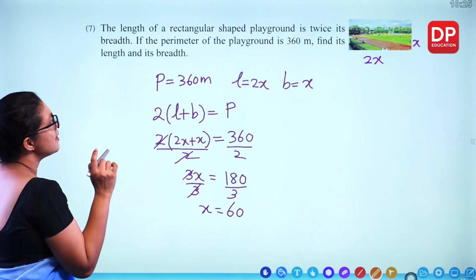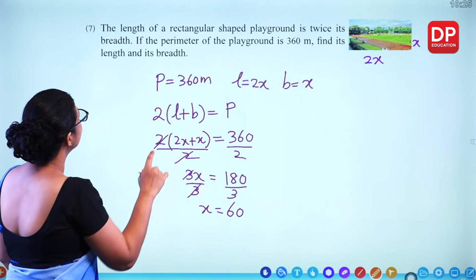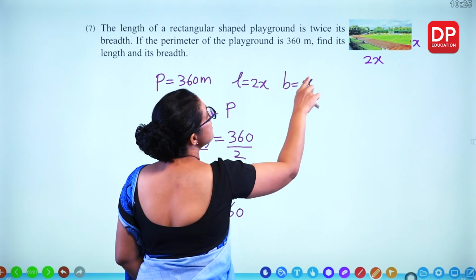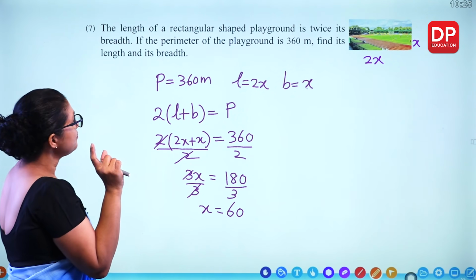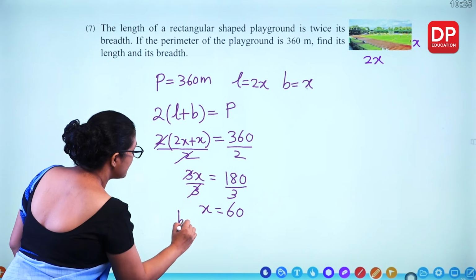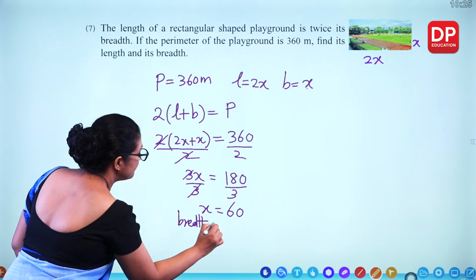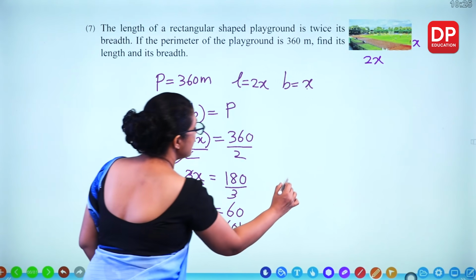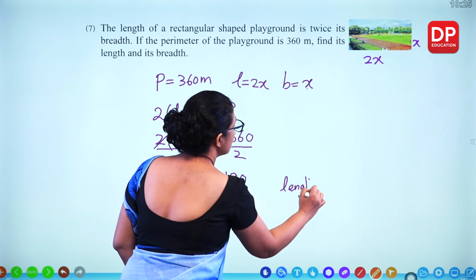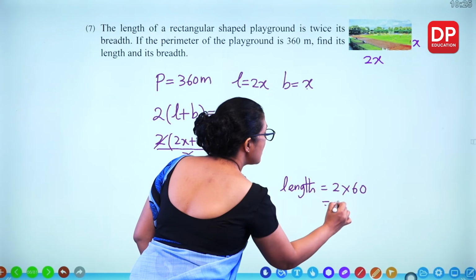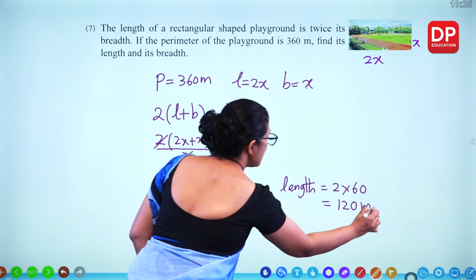So x is the size of the breadth. So what's the unit? So this is breadth, 60 meters. And what's the length then? Length is 2 times 60, 120 meters.